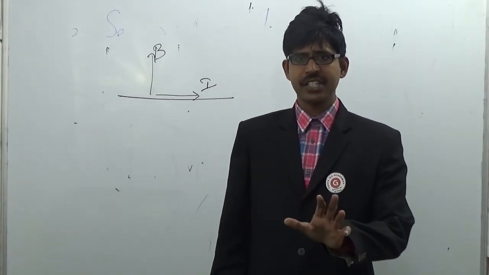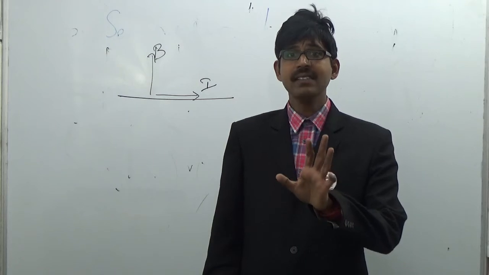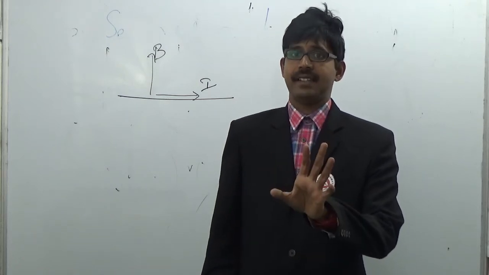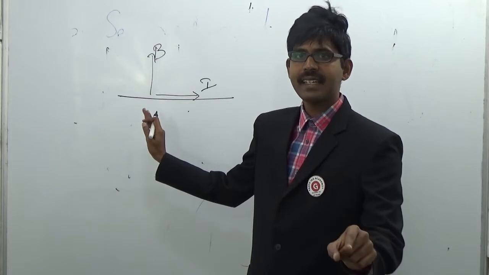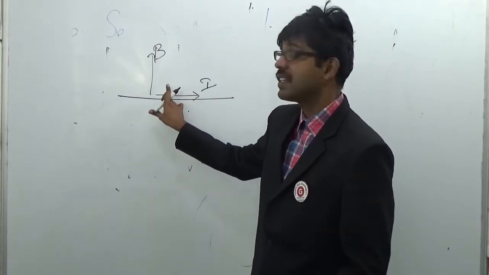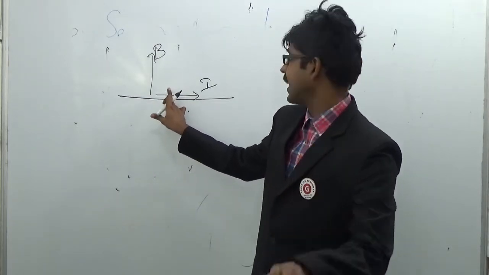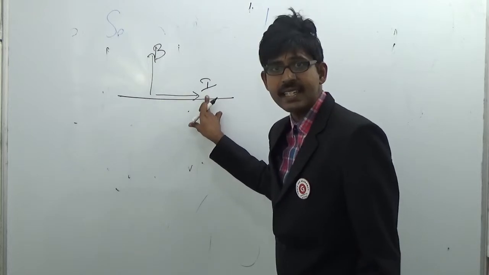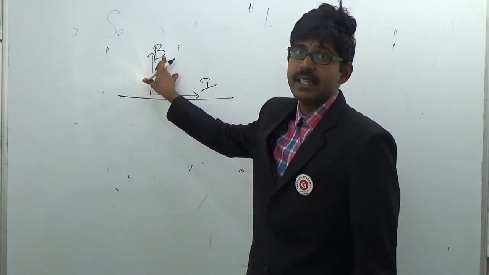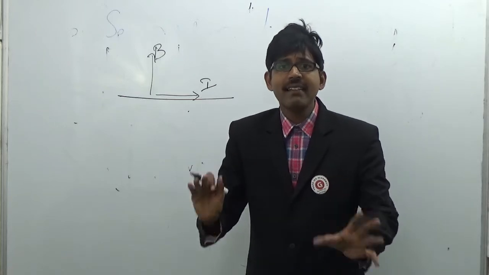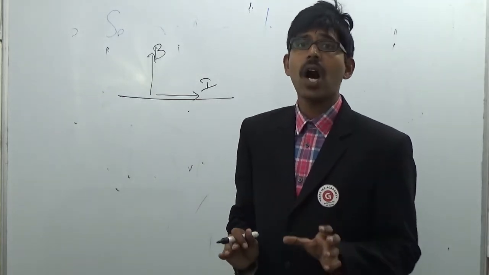In this condition, you will have an electric field induced in the specimen which is perpendicular to the direction of current and the direction of the magnetic field. This theory is given by the Hall effect.